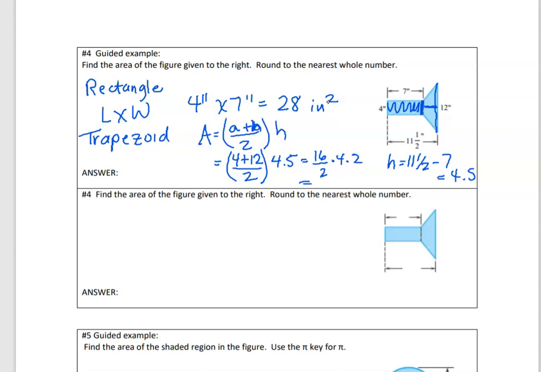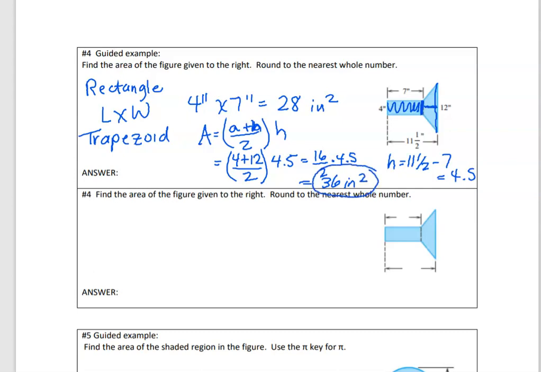And that's going to be 36, and we're talking about area, so 36 inches squared.